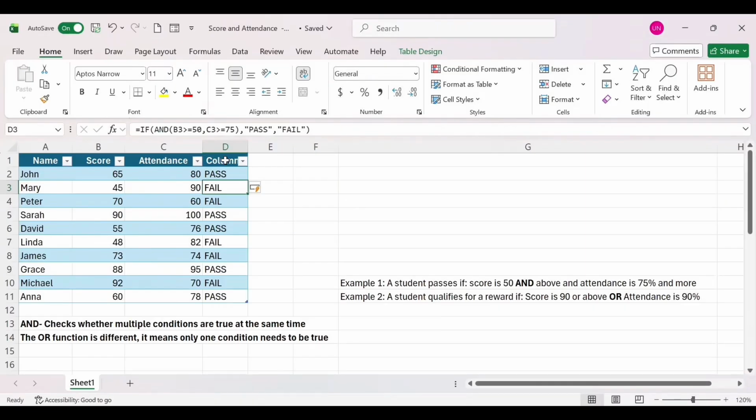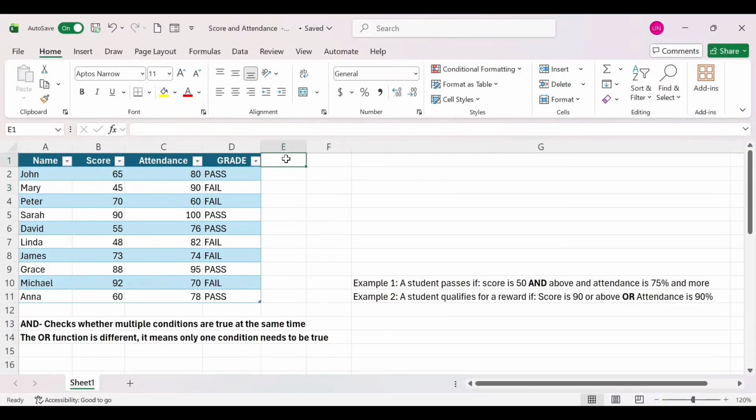So we're going to work on that now, and I'm going to make this grade. So here now we're trying to work on the benefit or reward. So now the criteria, the conditions, we have two conditions, but only one needs to be met or one needs to be true.